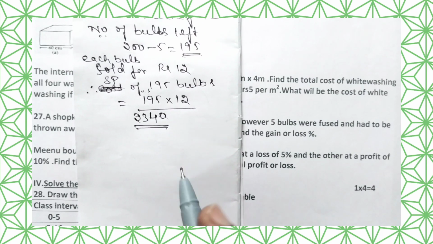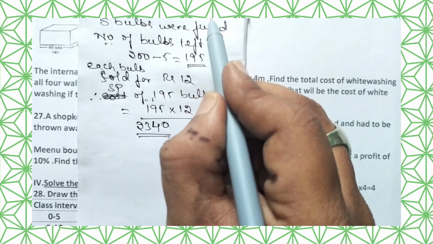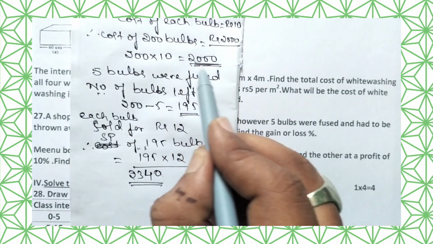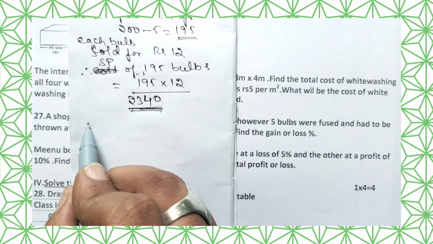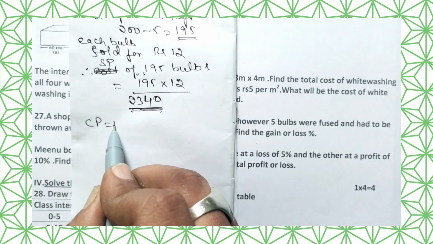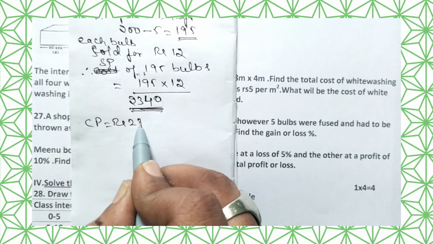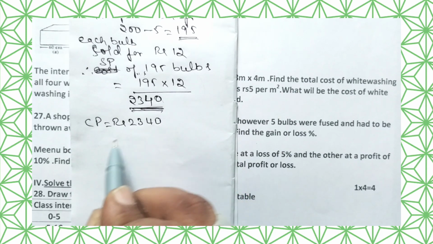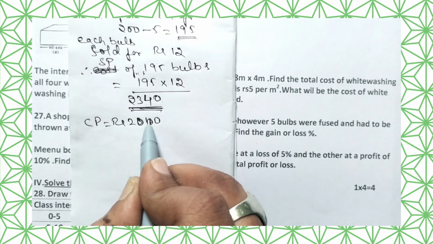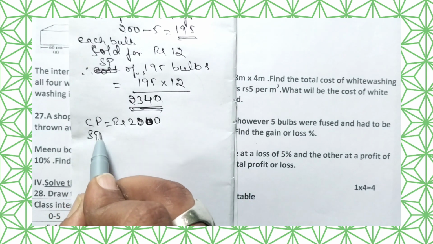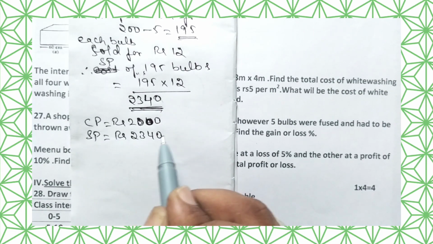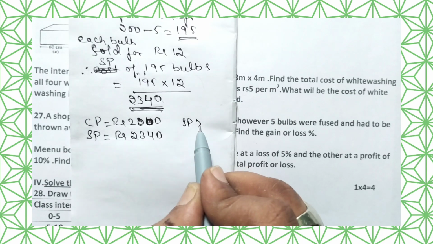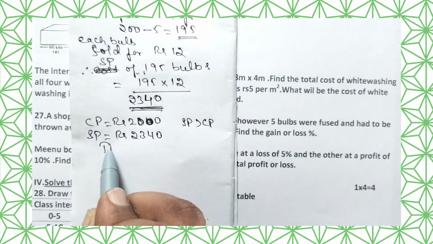So now the bulbs were brought for 2000 rupees but sold for 2340 rupees. So 2000 is the cost price and the selling price of the bulbs is rupees 2340. Since selling price is more than cost price, it will be profit.